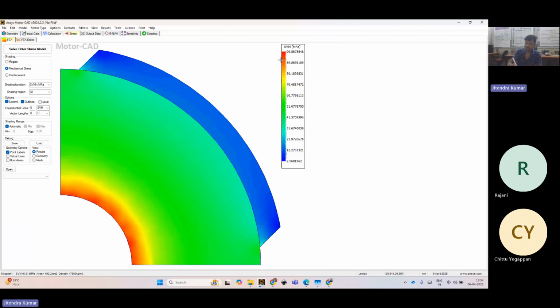So speed increased by 10 times, our stress increased by 100 times. It is not a direct proportional relation, but it will give you an idea of how this stress will vary. So as you increase speed, your stress will increase.